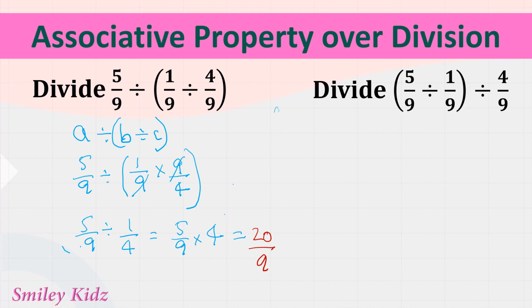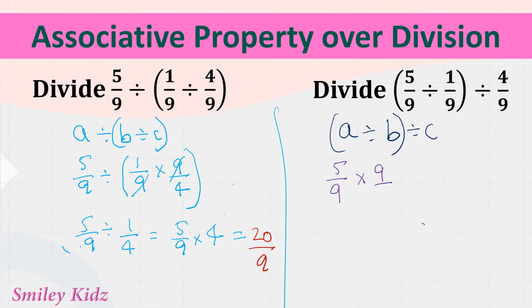Now let's see the second condition, which is (A divided by B) divided by C, where A and B are in brackets. So first let's solve the brackets part. 5 by 9 multiplied by 9 by 1, which is divided by 4 by 9, which is equal to 45 by 9 divided by 4 by 9.